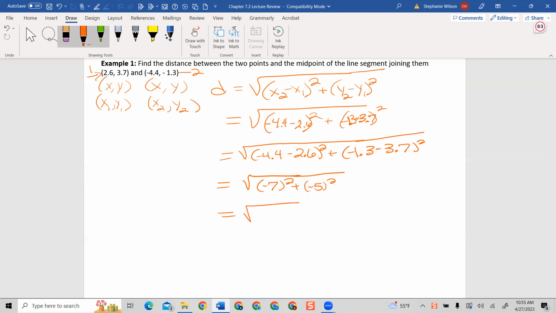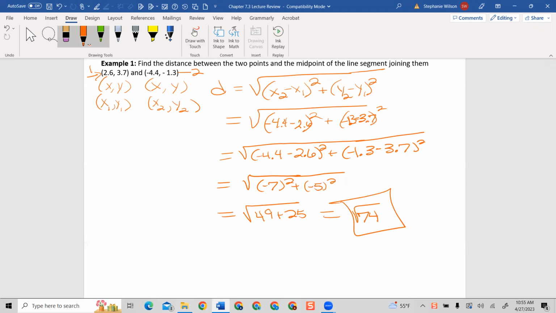So now that's going to be 49 plus 25. So 49 plus 25 gives me 74. And this doesn't factor down. So that's my distance, square root of 74. If it's asking for the exact value, leave it in the square root form. That's what you want to get. If it asks us for decimal form, then round it.